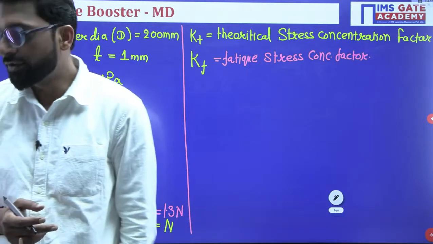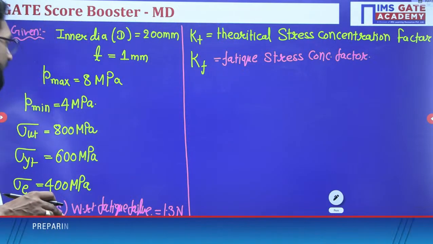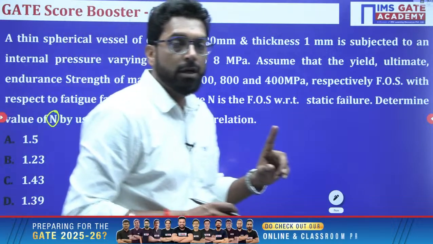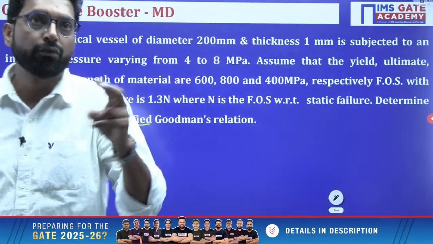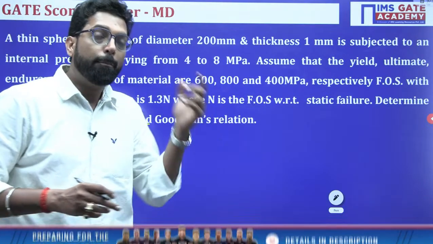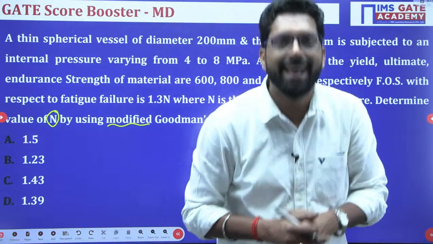Okay. Now, if you apply it in this question, it is given that we use the modified Goodman. So my dear, always remember, with respect to a modified Goodman relation, we have to find the factor of safety by using two equations. One is the Goodman equation, the other one is the Langer equation.